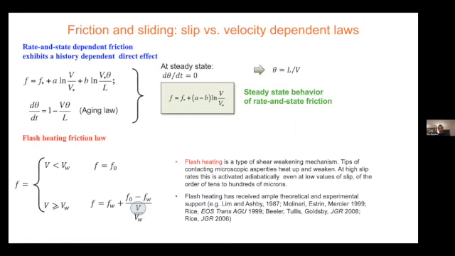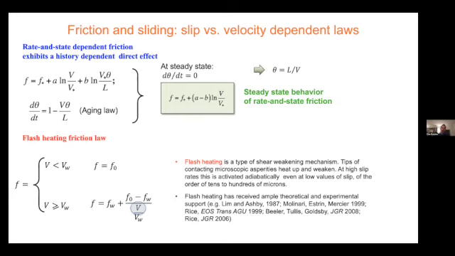So the flash heating friction law is a good candidate law. In flash heating, what happens is that contacting asperities heat up and weaken. And this produces a much stronger weakening. It's no longer logarithmic, but it's a 1/v weakening.